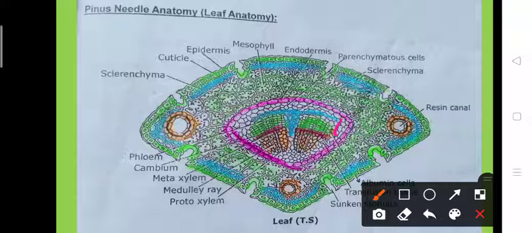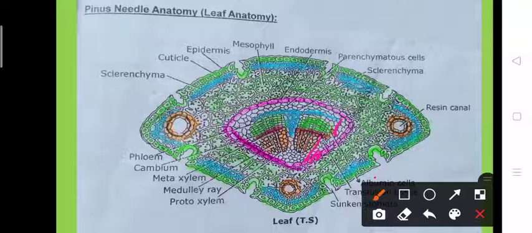Next, transfusion tracheids. These are xylem cells present near the vascular bundles.